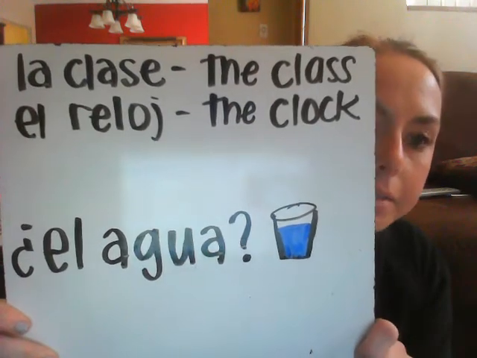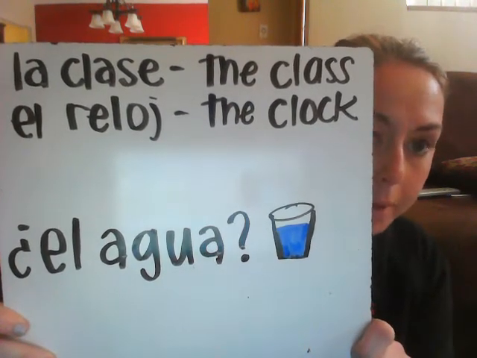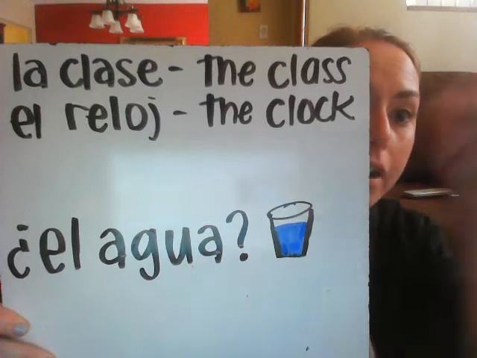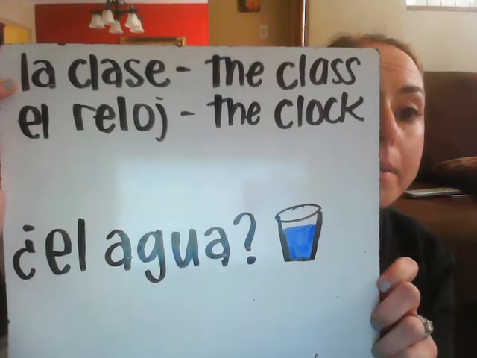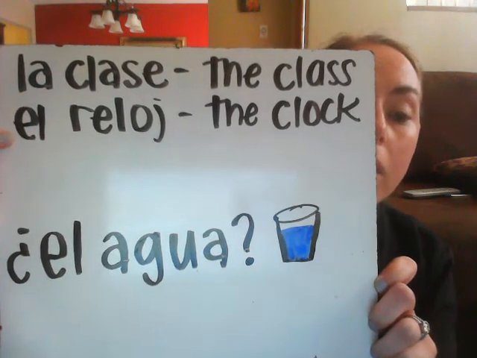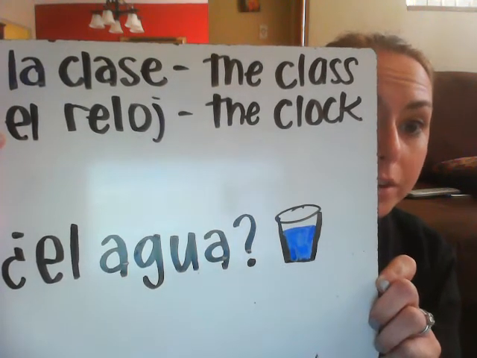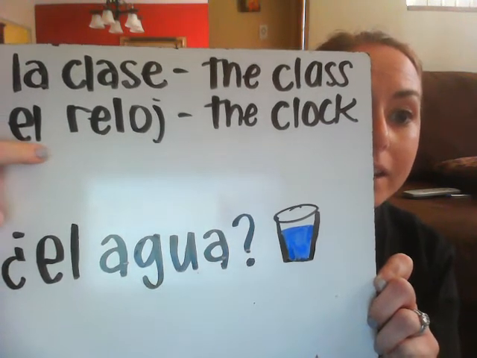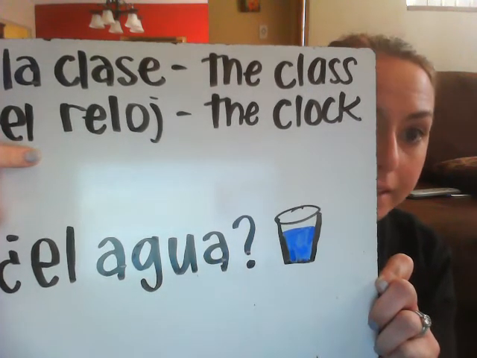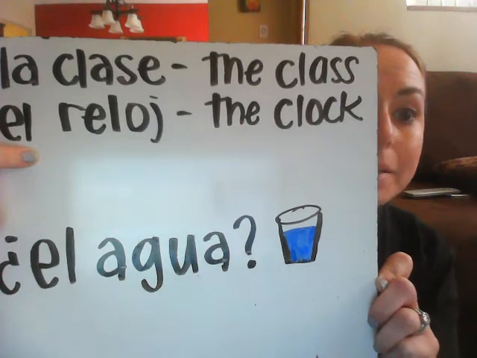I need to ask myself if this noun is masculine or feminine, and what I want to do is look at the article that comes at the beginning. It's la, so this is going to be feminine, even though it ends in E. What about el reloj for the clock? Again, I want to look at the article. The el here indicates that this is a masculine noun, so el reloj is masculine.